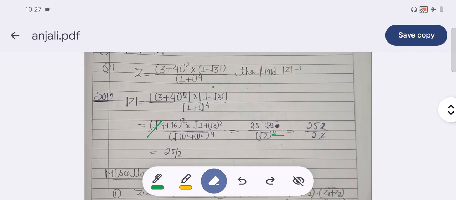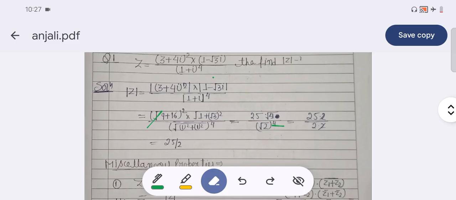In this complex number, a is equal to 3 and b is equal to 4, so 3 square is 9 plus 4 square is 16, whole to the square, into 1 square plus root 3 square, upon the denominator 1 square plus 1 square to the power 4. The square root cancels the square, so 16 plus 9 will be 25, and root 3 square is 3, 3 plus 1 is 4, root 4 upon root 2 to the power 4. It is clear? And this will be 25 upon 2.